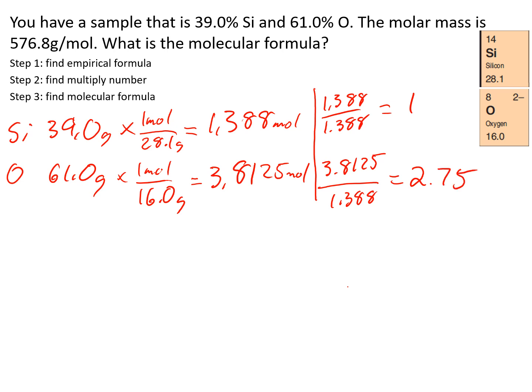Okay. And so 0.75 is roughly like 3/4. So what that means is that I need to multiply it by a 4 to get a whole number. Okay, so I'm going to multiply everything here by 4.